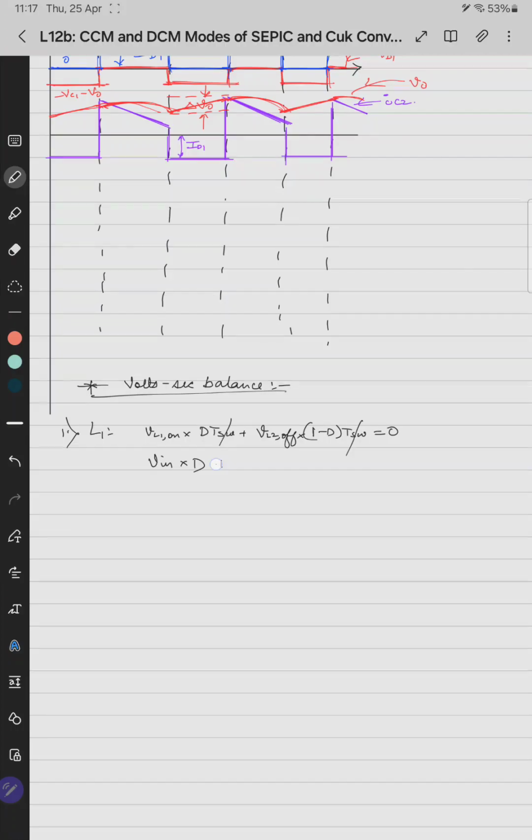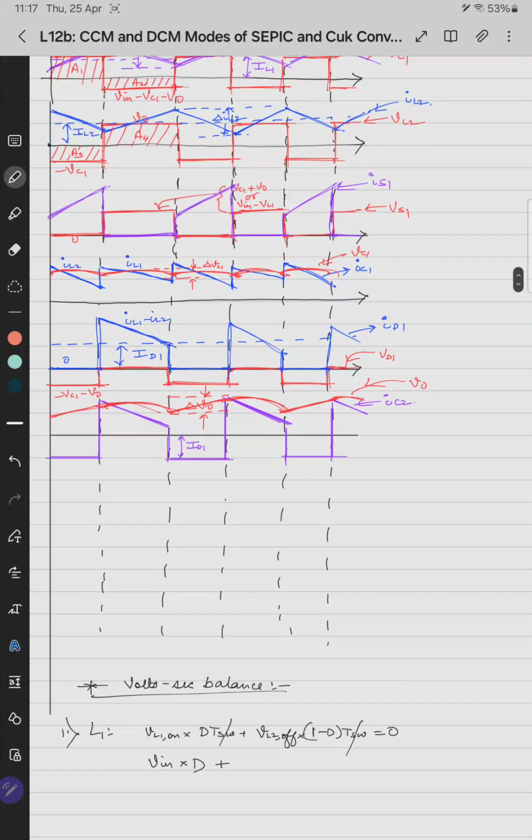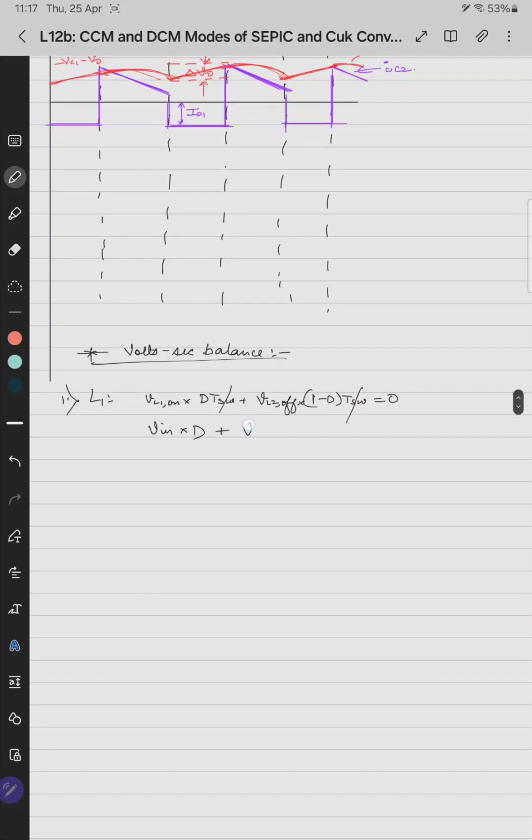Vin into D plus VL2 off. What is VL2 off? Vin minus VC1 minus V0, plus Vin minus VC1 minus V0 into 1 minus D equals 0. So what we got is D Vin equals VC1 plus V0 minus Vin into 1 minus D.